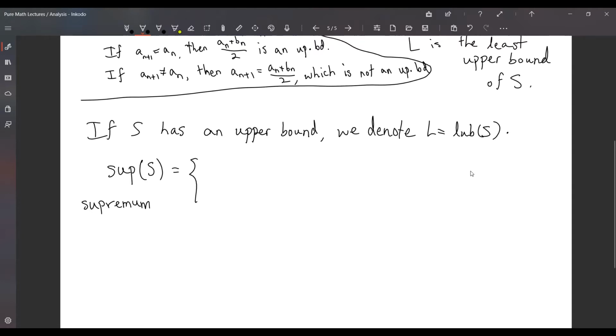This is defined piecewise: it is the least upper bound of S if S has an upper bound, and infinity otherwise.